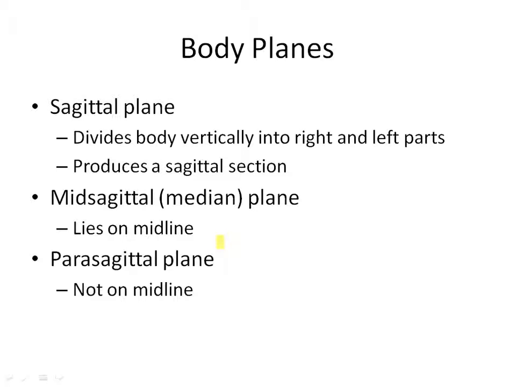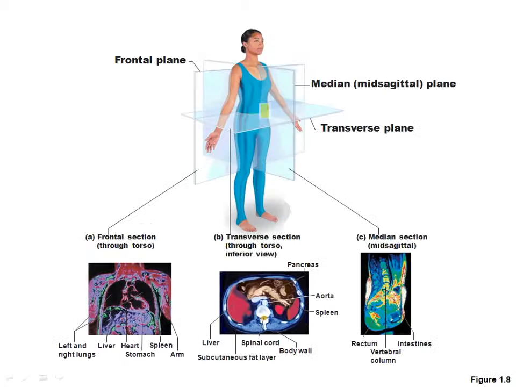In A&P, there are often times when we are required to cut the body into two pieces. When we make cuts into the body, we cut along common planes. The terminology is written on these two slides, but I'm going to flip to the picture to point these out.